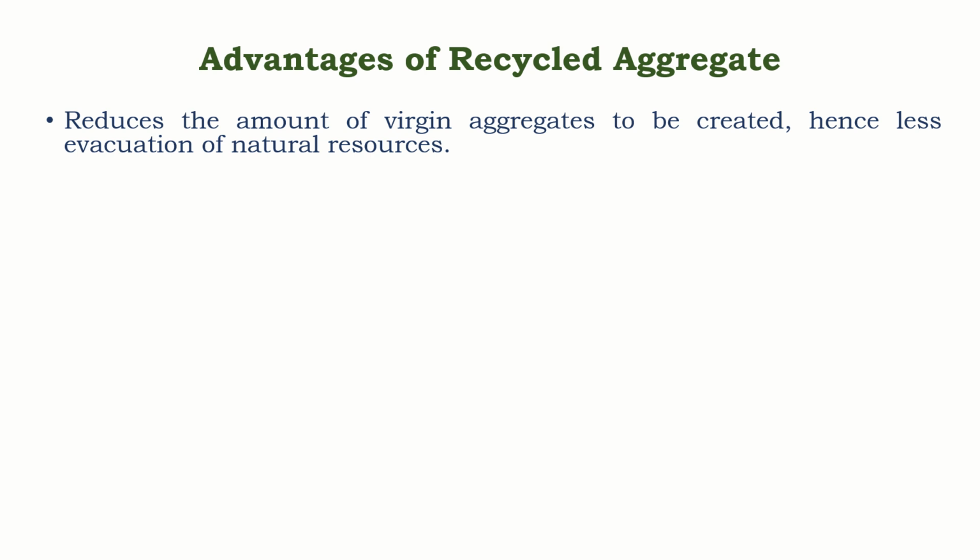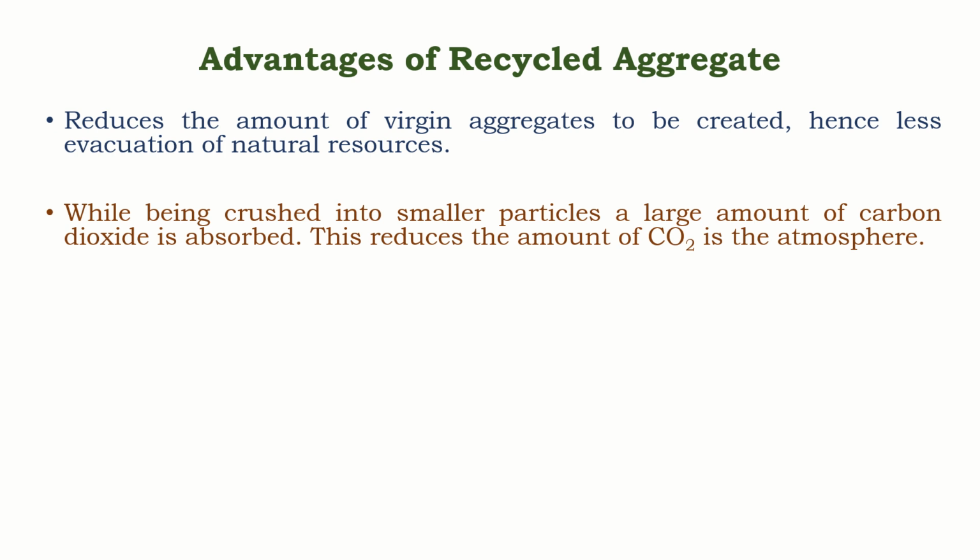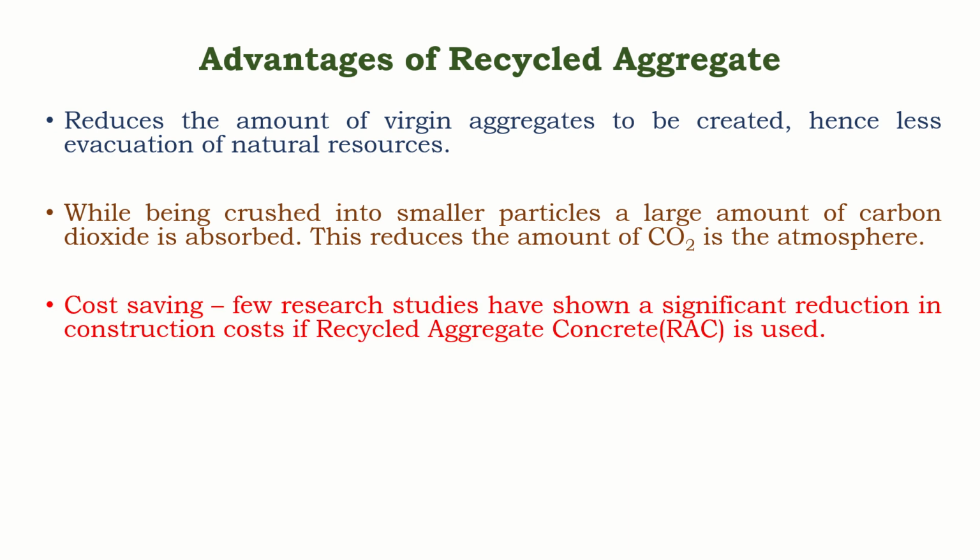Coming to the advantages of recycled aggregate, first, the amount of virgin aggregates used can be reduced, so that you do not exploit natural stone, because you have to do the process of quarrying and all, so that can be eliminated, and reuse of aggregates is done. You can also contribute to lower CO2 emissions, because it's already a used aggregate, so a lot of carbon dioxide was already emitted, and hence what is emitted into the atmosphere is less.